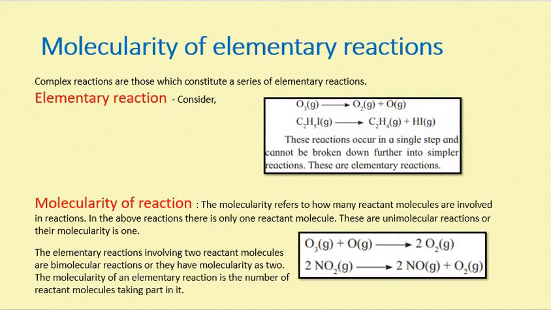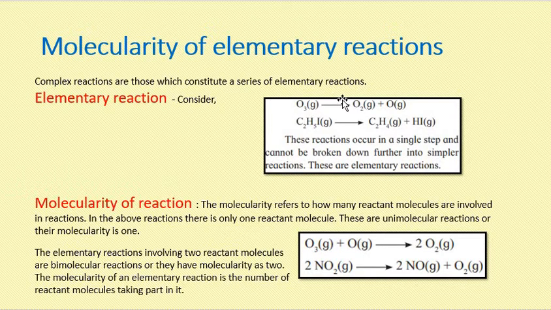Now, molecularity of elementary reaction. Elementary reactions are those reactions which are simple and complete in one step. Whereas the other reactions, which are called complex reactions, are those which constitute a series of simple or elementary reactions. Let's talk about elementary reactions first. For example, let's see the decomposition of ozone.